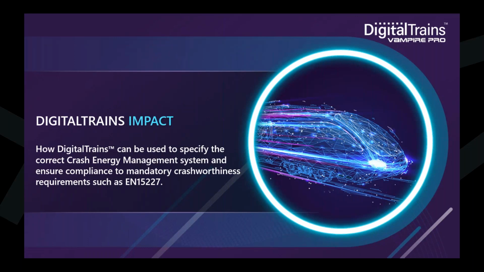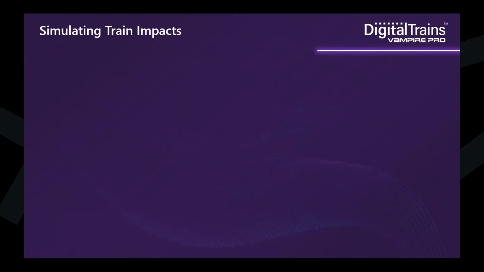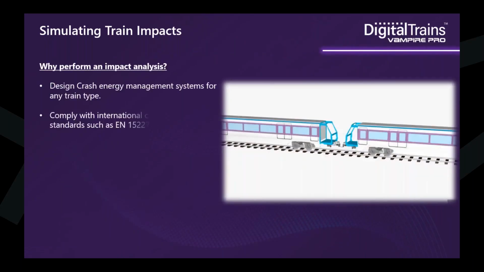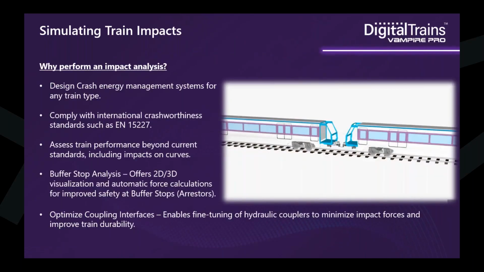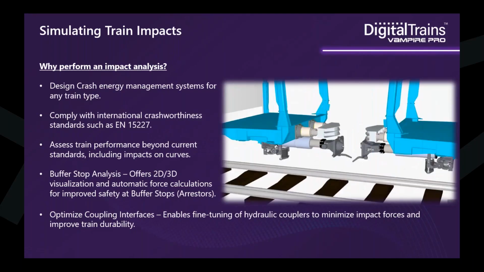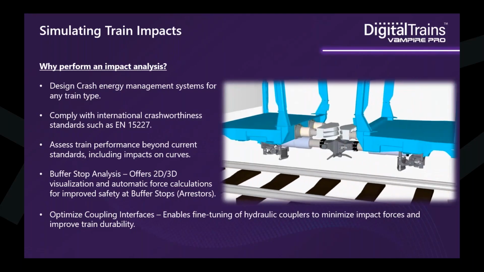And then finally, we'll take a look into the impact module and how DigitalTrains can be used to specify the correct crash energy management system and ensure compliance with mandatory crashworthiness requirements, such as the aforementioned EN 15227. First of all, what do we mean by impact simulations and why do we perform an impact analysis?